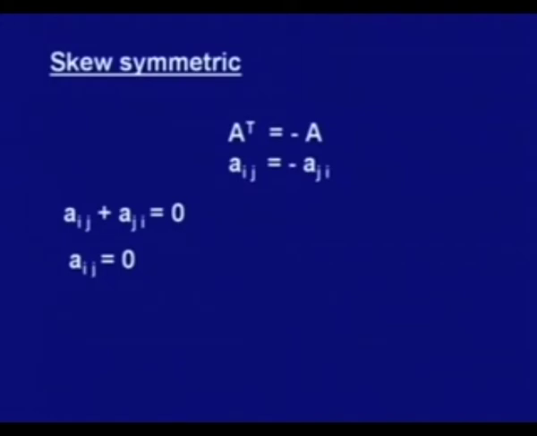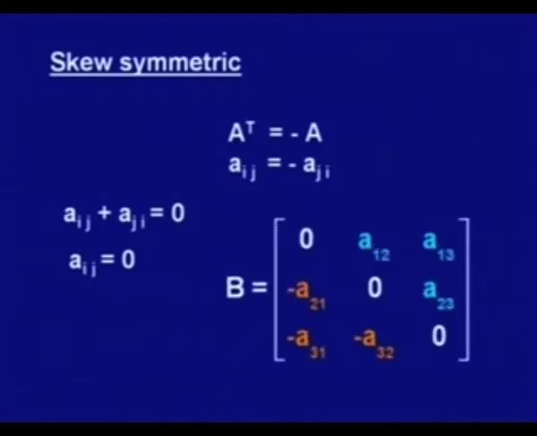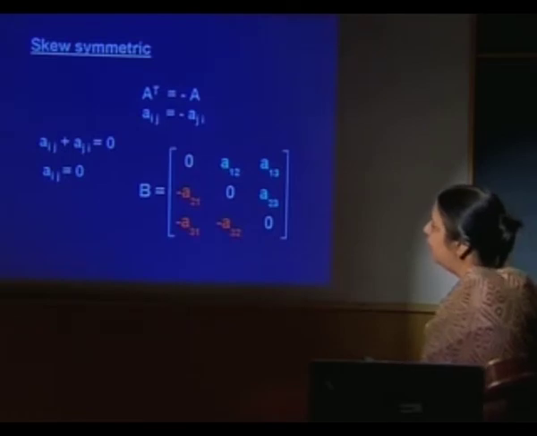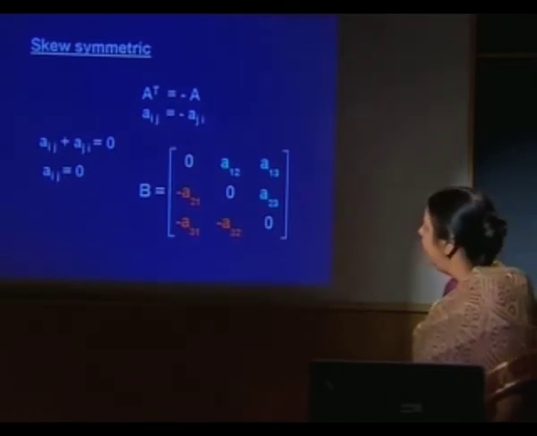That means, the diagonal element A_ii will be 0, only then this is possible. Like this matrix B is skew symmetric. A12 is the same as A21 with a negative sign. A13 and A31 differ with a negative sign. A23 and A32 differ with a negative sign, while on the diagonal all the elements are 0. So, this is a skew symmetric matrix.